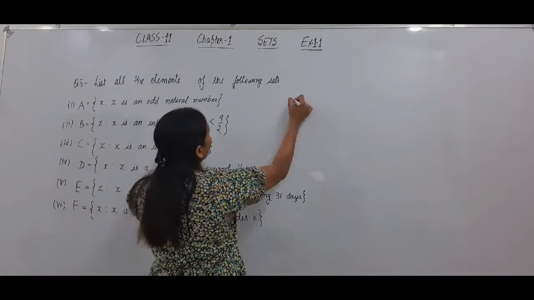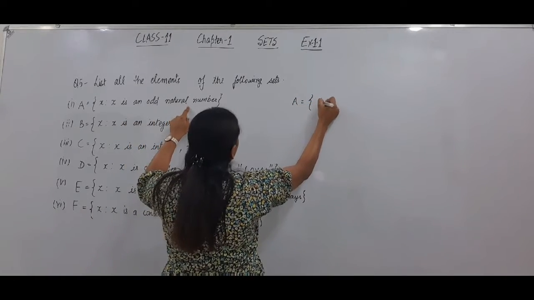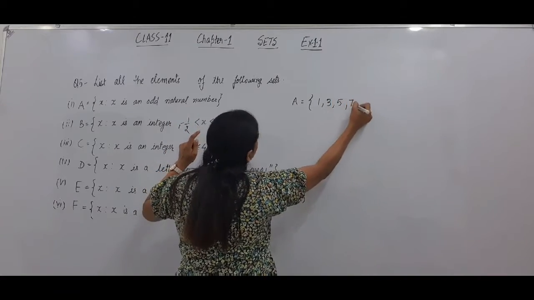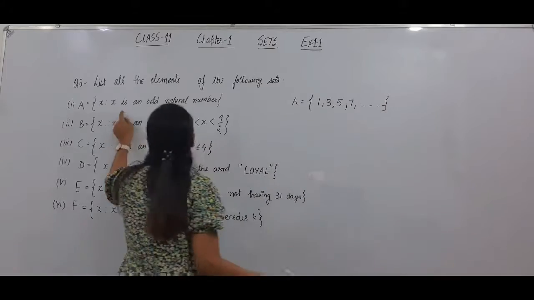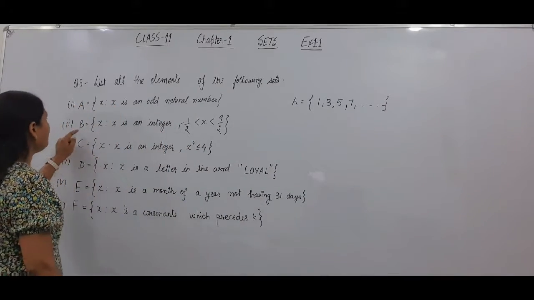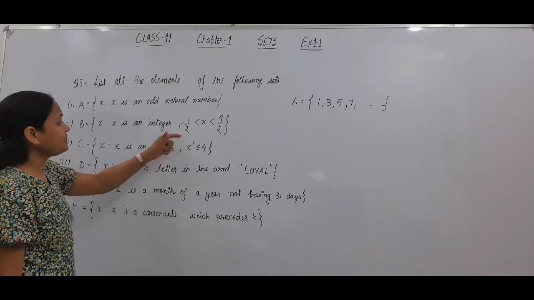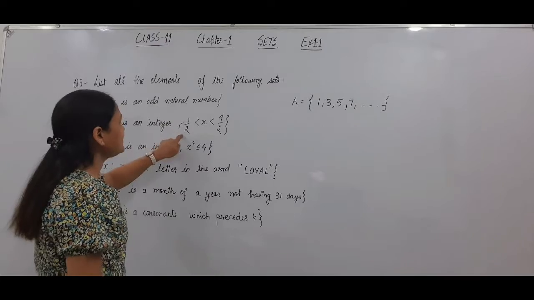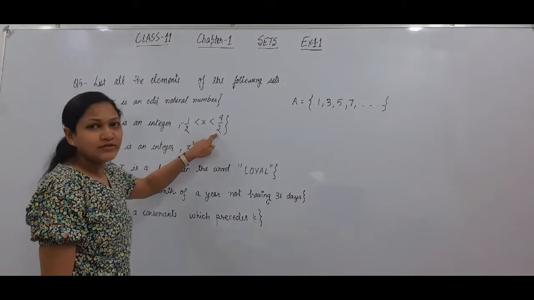So in roster form you can write it as odd natural numbers: 1, then 3, then 5, then 7 and so on. You can write this set as this. B is x such that x is an integer lying between -1/2 and 9/2. -1/2 is -0.5 and 9/2 is 4.5.